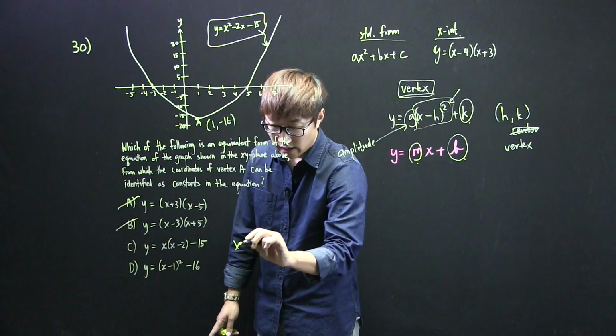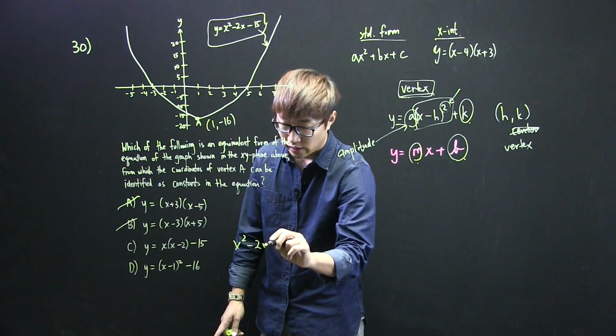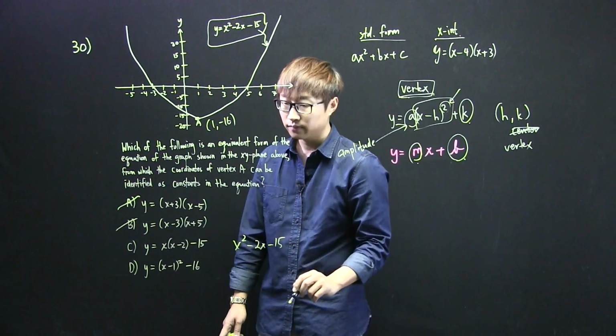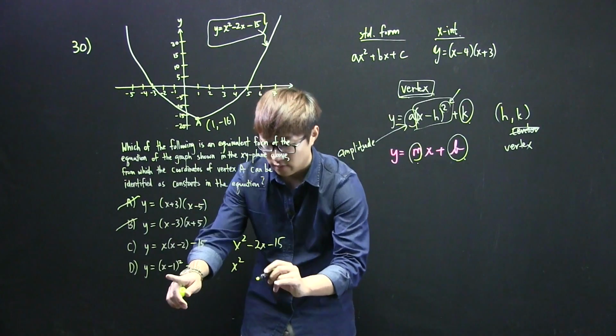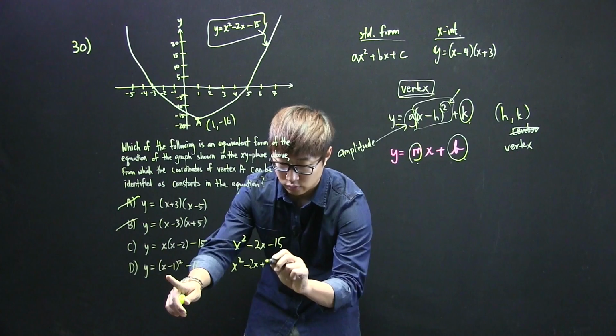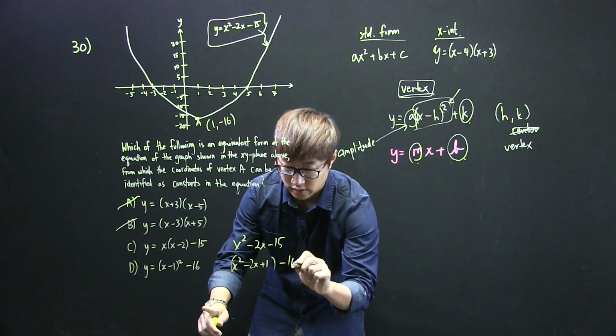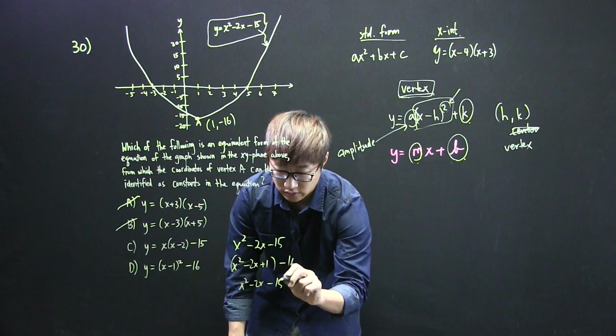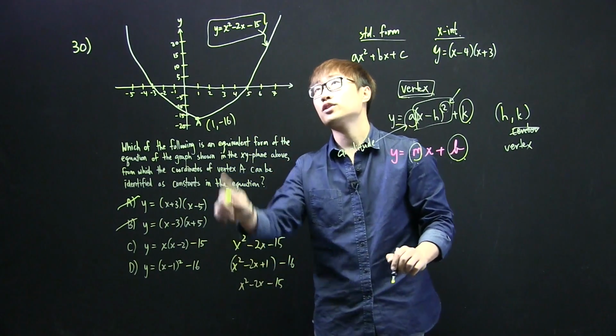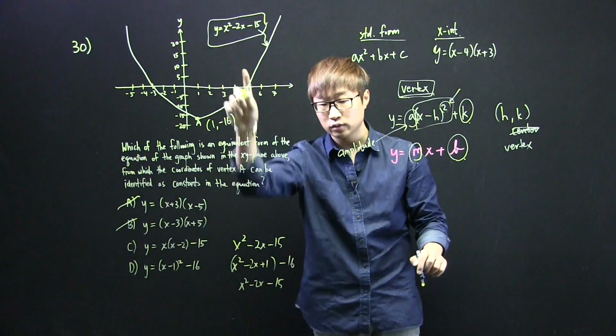This one will be x squared minus 2x minus 15. And this one will be x squared minus 2x plus 1 minus 16. So same thing, x squared minus 2x minus 15. So they are both the same, which is also equivalent to this over here as well.